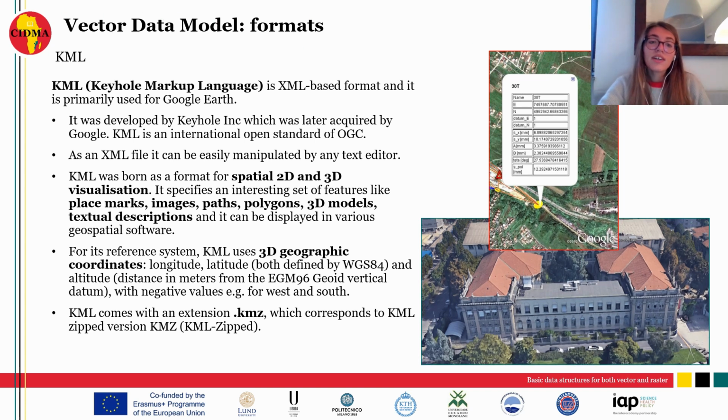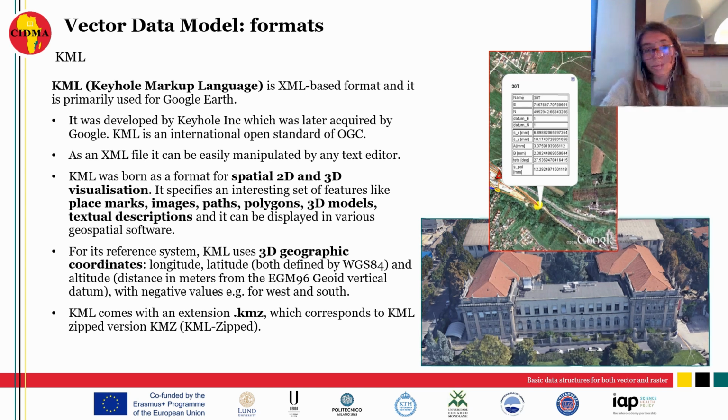And altitude will be referred to the EGM 96 geoid vertical datum. Moreover, in KML language, you can also use negative values for defining, for example, coordinates in the west or south. Finally, usually you can find KML with an extension KMZ, which corresponds to the zipped version of the KML file.